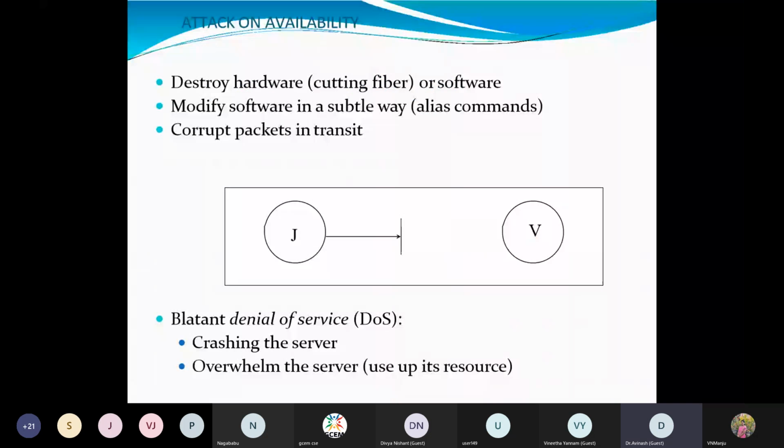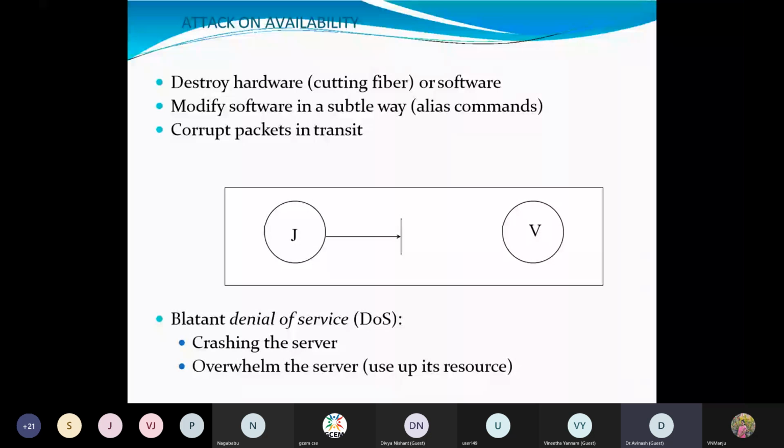So, attack on availability. Availability means what? If you are sending the message from the sender to receiver, suppose at some times the hardware is not available. For example, if there is a communication channel between sender and receiver and the fiber is cut, then we can say that the hardware is destroyed.